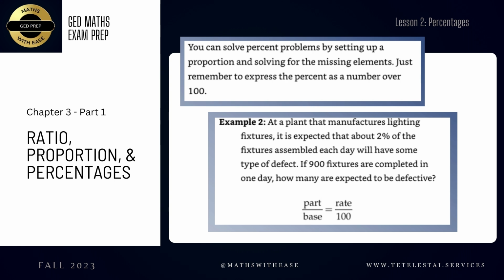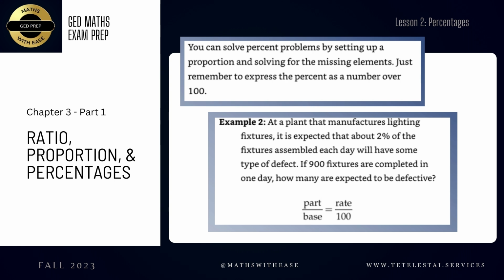All 900 parts are grayed out, okay? So let's say each time one fixture is completed, you shade in one part of your circle gray. The second part is completed, and this is done 900 times, right? So they're telling you if 900 fixtures are completed, so you know, aha, base equals 900, okay?